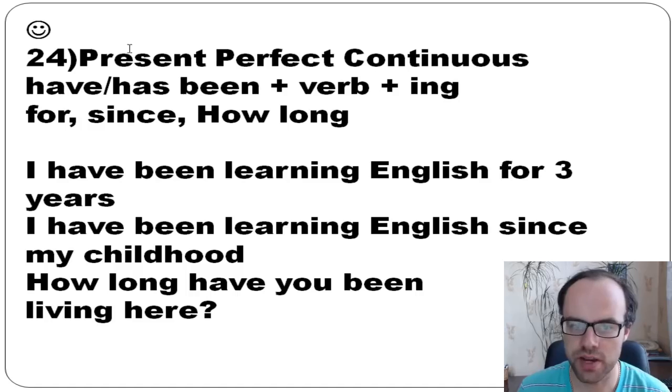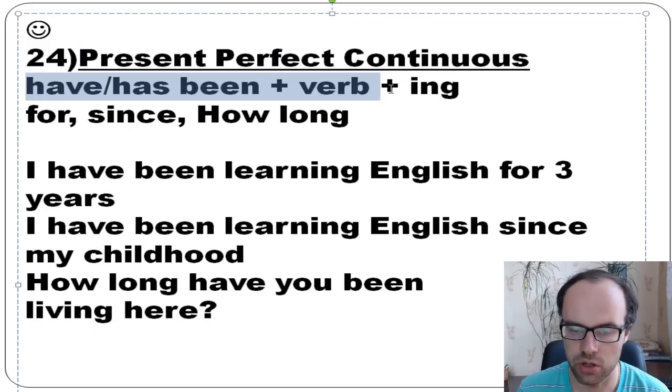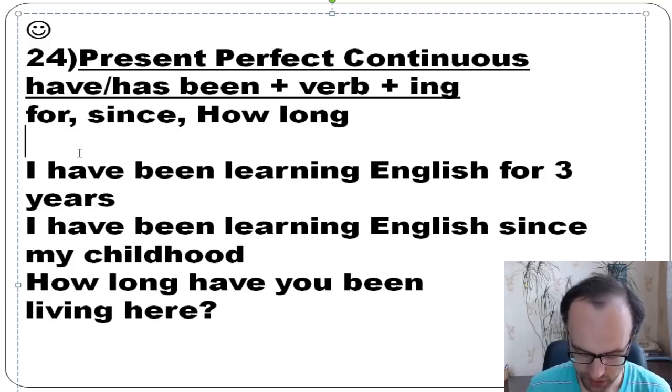What about present perfect continuous? So how do we form it? Have, has, been plus verb plus ing. And when do we use it? With for, since, and how long.